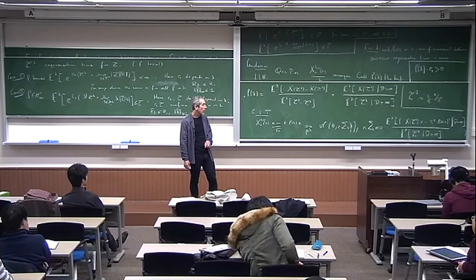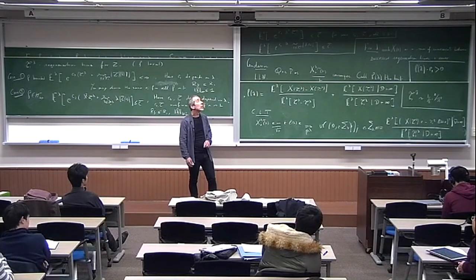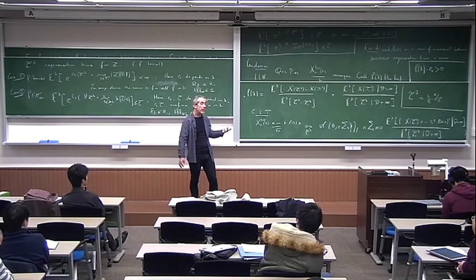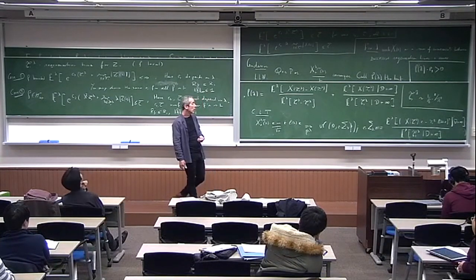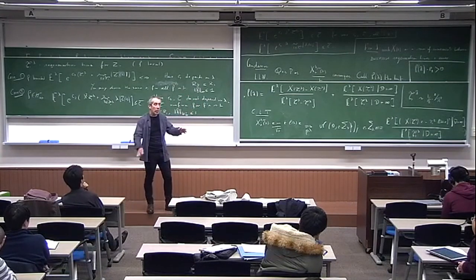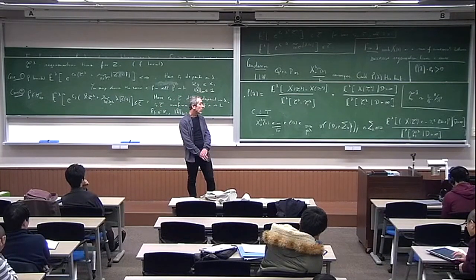Because we have some bounds on the correct scale. So, okay, I don't know, but there is a chance we could actually get a local version of the CLT.